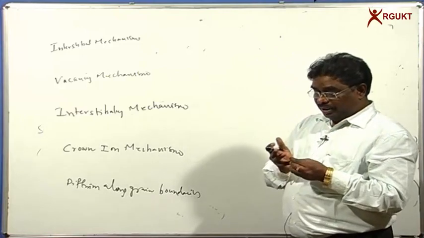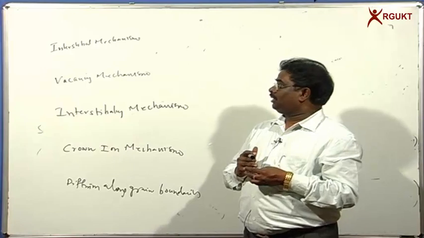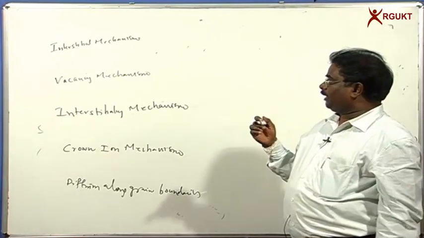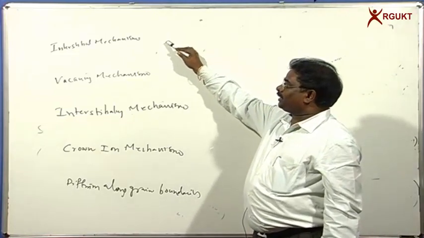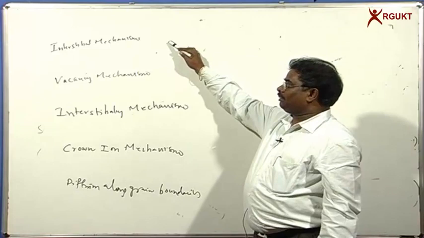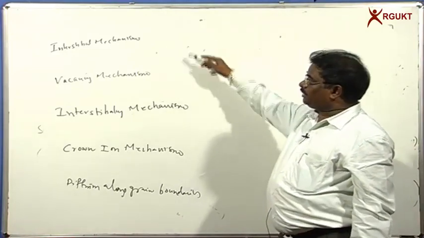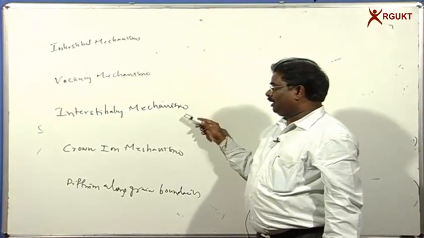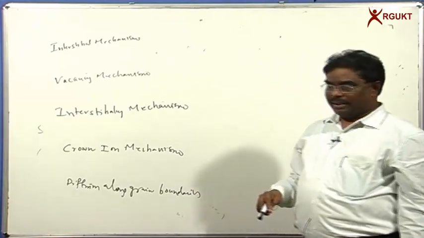But in crystalline solids, there is no absorption or desorption, and still the diffusion takes place, depending on the crystallinity and the nature of the material. Accordingly, there are mechanisms: the interstitial mechanism, the vacancy mechanism, the interstitialcy mechanism, the crowdion mechanism, and diffusion along the grain boundaries.